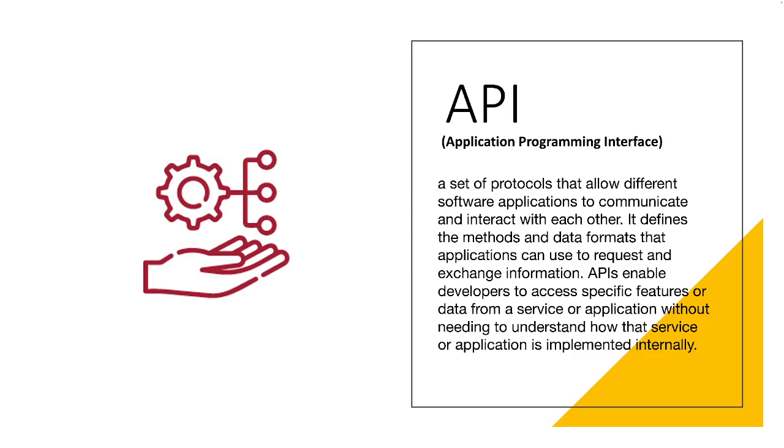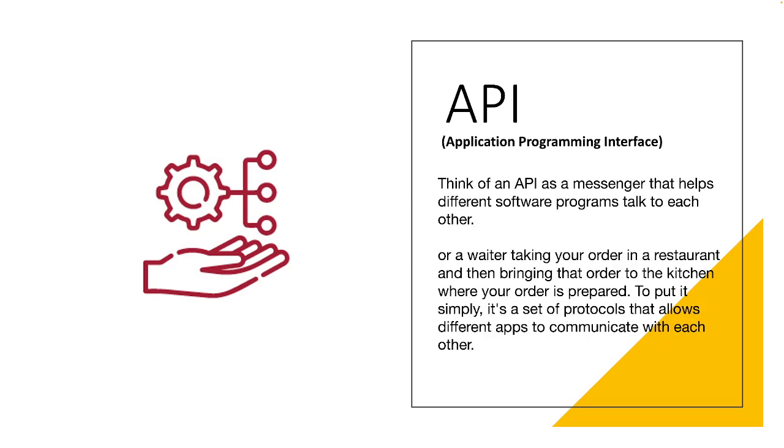APIs enable developers to access specific features or data from a service or application without needing to understand how that service or application is implemented. Think of it as a messenger that helps different software programs talk to each other, or a waiter taking your order in a restaurant and then bringing that order to the kitchen where your order is prepared. To put it simply, it's a set of protocols that allows different apps to communicate with each other.